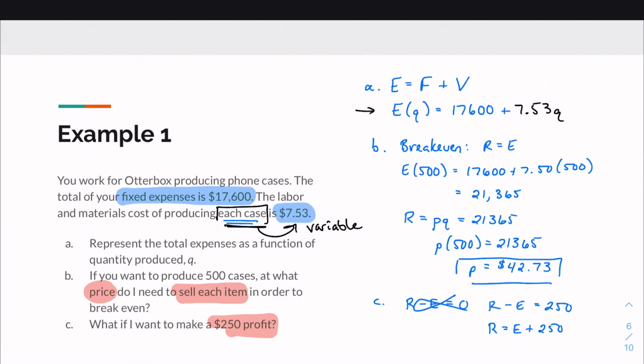Since I have my revenue here, my expense here, I know that's going to be $250 greater. So revenue, price times quantity, is going to be $21,615. I'm just going to move over here so I have room. Again, I know I'm trying to do this off of 500 cases. So I'm going to divide, and I get a price of $43.33.